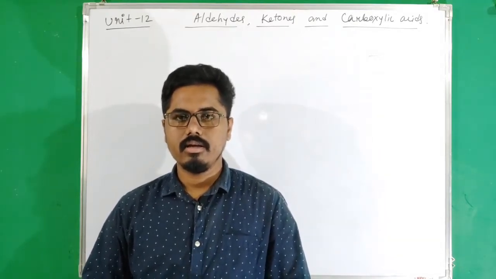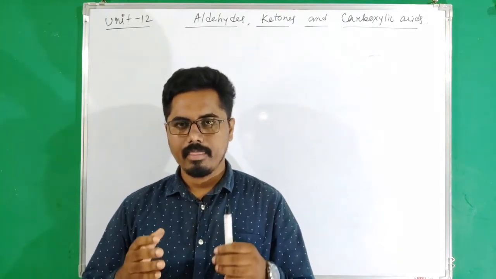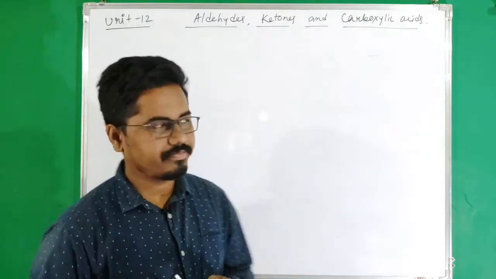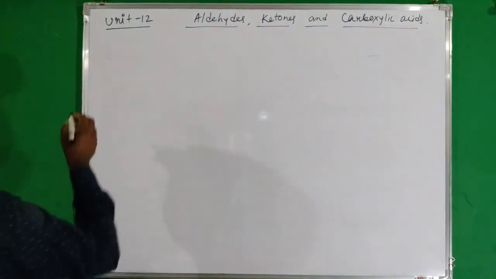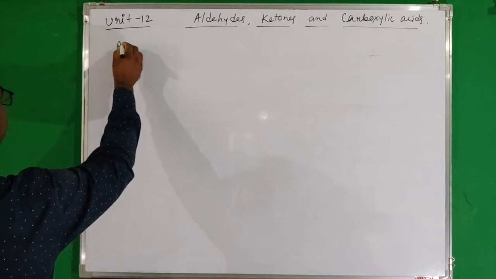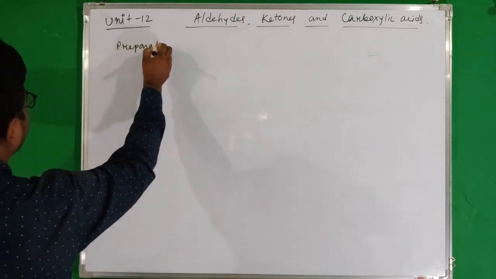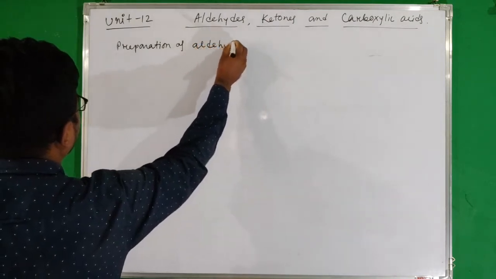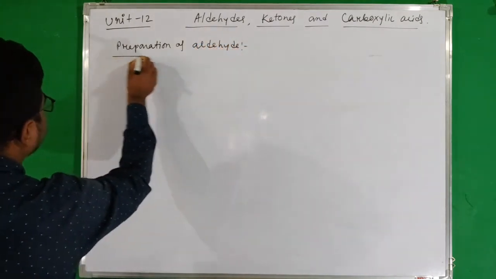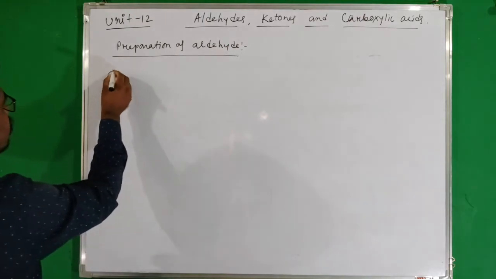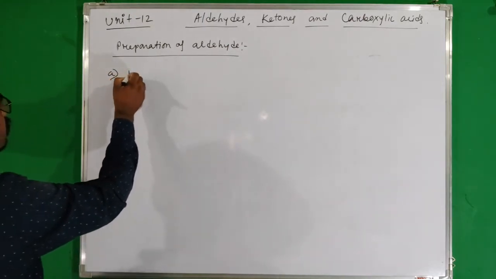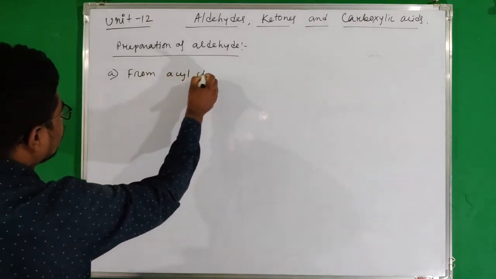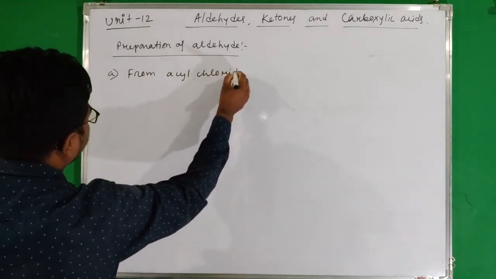So at first our heading is methods of preparation for aldehydes. Let us take the heading as preparation of aldehyde, and the first method is from acyl chloride.